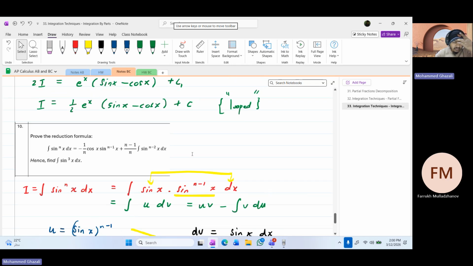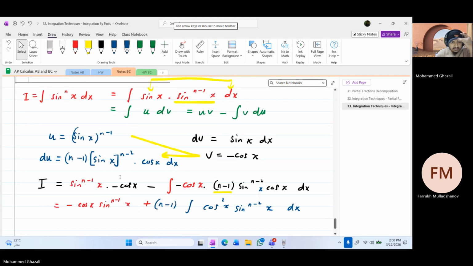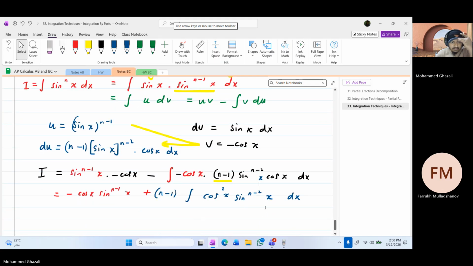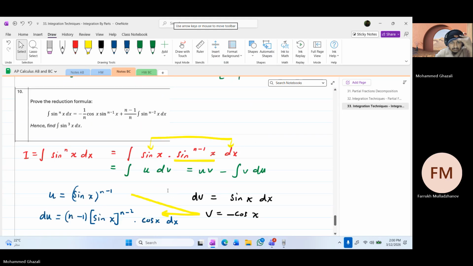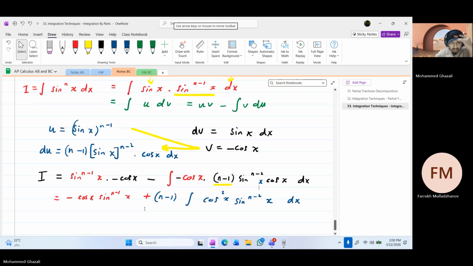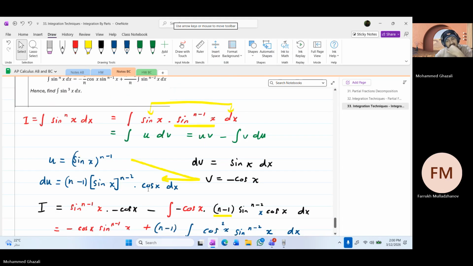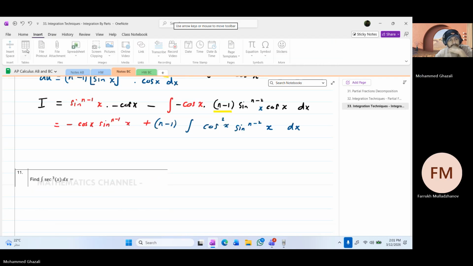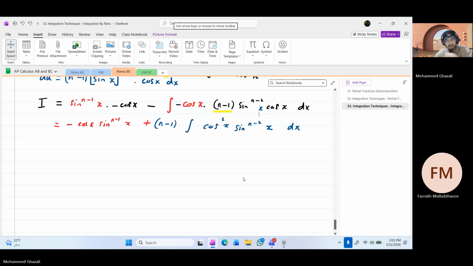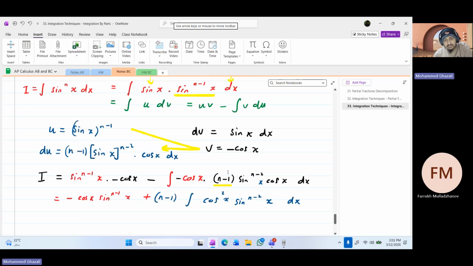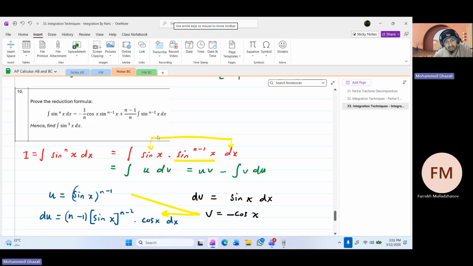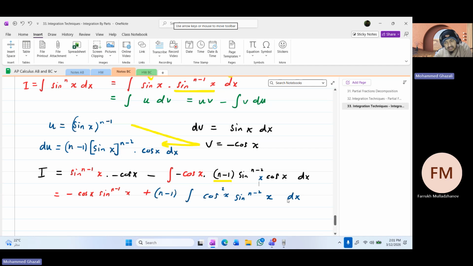How did they get to that part? I need the sine^(n-2) x dx without the cos squared. Why do I have a cos squared here?